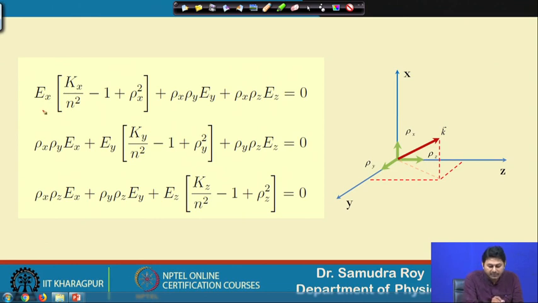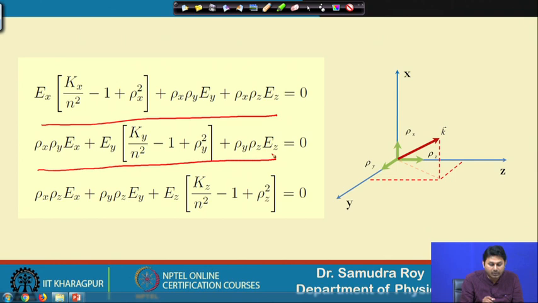When I find the x part, I will have one equation, which is this. When I divide to the y part, I have one equation which is this, and once I divide the entire equation to the z components, I have another equation like this.